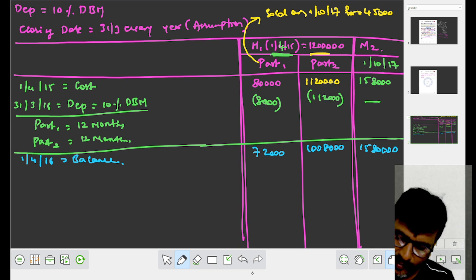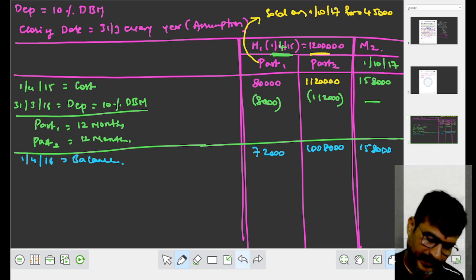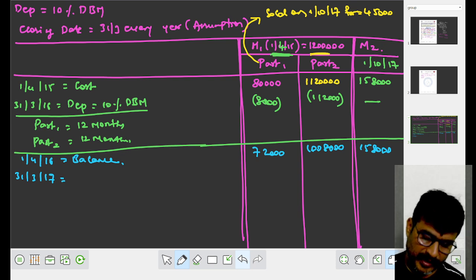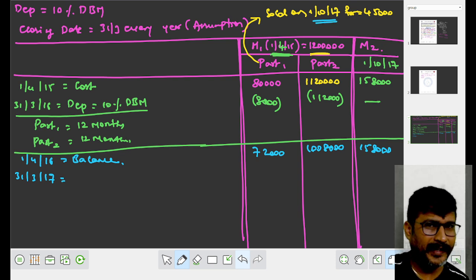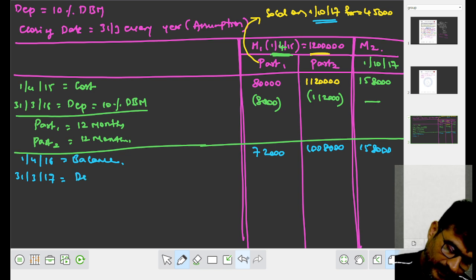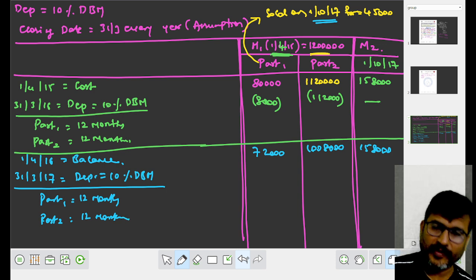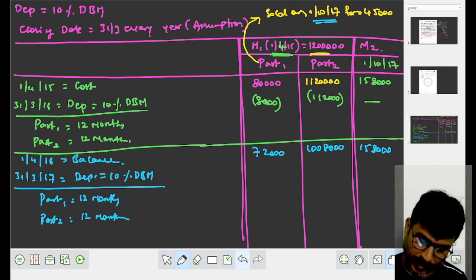Now my dear children, we are in the second year, 31st March 17, because the sale on October 17 falls in the third year. Depreciation is 10% under the DBM method. Again on part 1 calculate for 12 months, and on part 2 calculate depreciation for 12 months, under the DBM method.